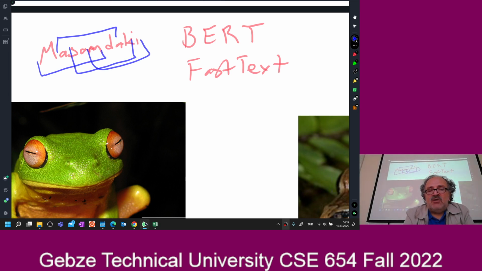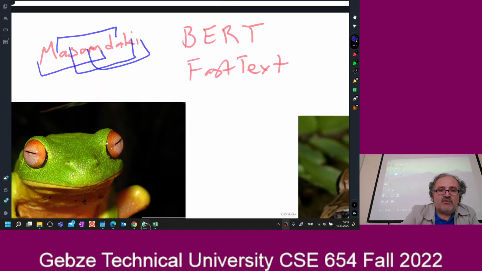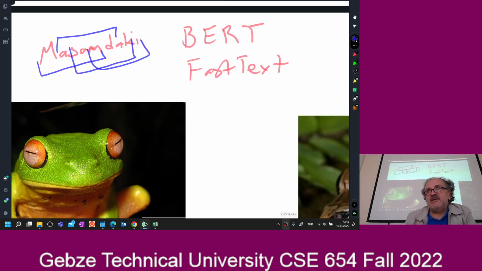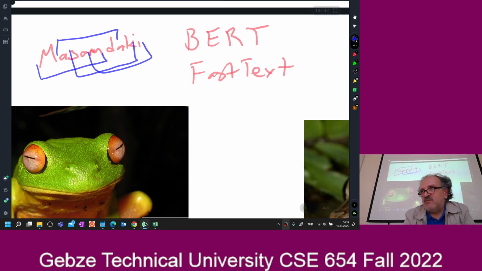And the vector for the whole word is the addition of all those vectors, which will make up the vector for this whole masamdaki word.